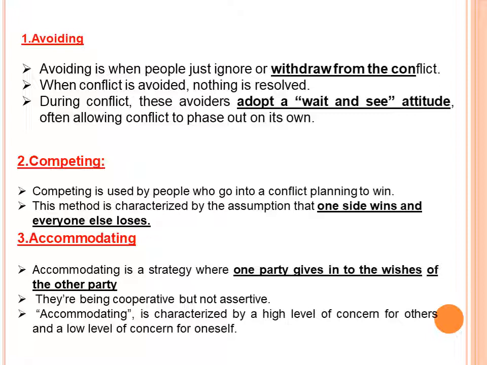Accommodating is all about one party giving in towards the other party. In collaboration, both the parties find a win-win solution to the conflict. Compromise is all about a mutual give and take.